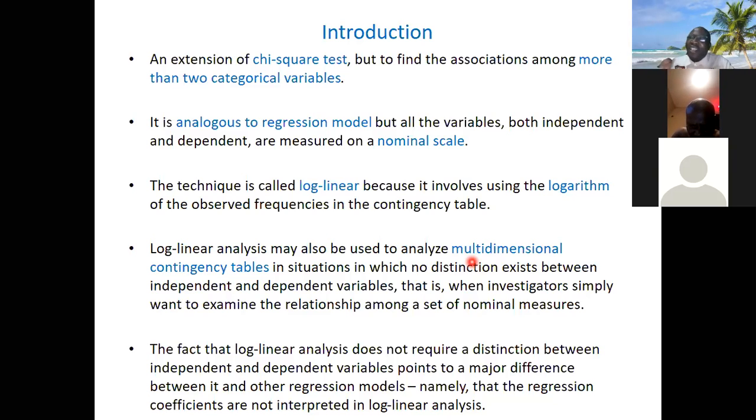Each exposure will have a regression coefficient that tells you how much contribution each of them has made to the outcome variable. But in log linear, it's not like that. Even though it's trying to borrow from regression, it's not completely regression.